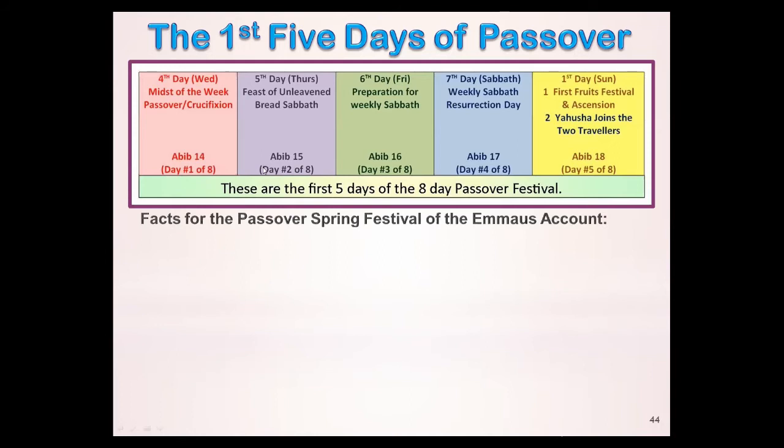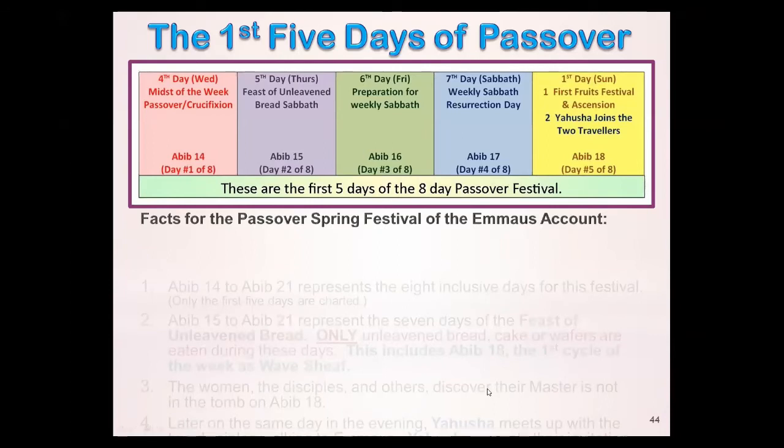You will see that this is actually a feast of 7 days. And look at the wave sheaf is on actually the middle day of the Unleavened Bread week. It is the middle day, is the 4th day out of the 7 days. A very important concept.